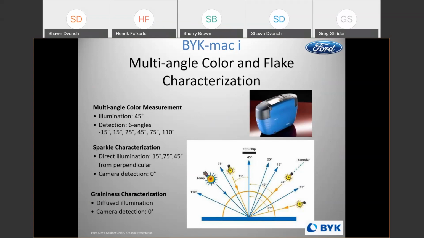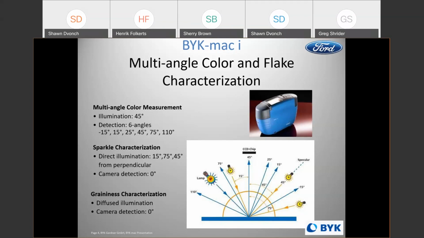The instrument also can characterize your sparkle, so your actual flake, and it has direct illumination at 15, 45, and 75, and there's a camera detection at 0 that takes a picture, and that can be used to establish if you have either the right flake or the right process condition.